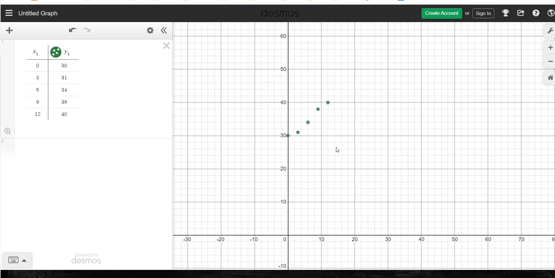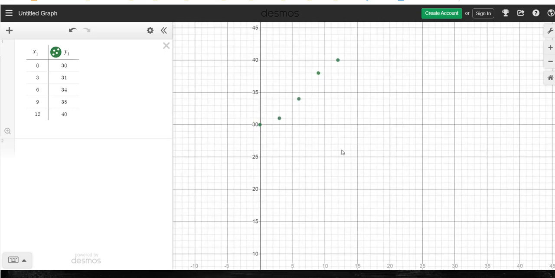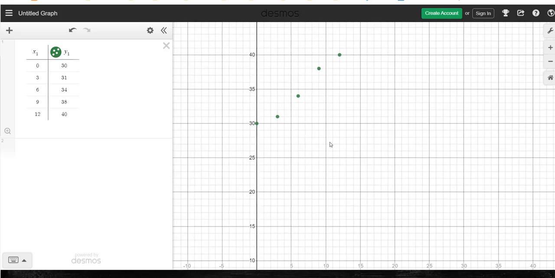There they are. So basically what you're doing, if you really want to know this, is you are still finding area. That's important that you understand. You are actually finding the areas of these rectangles.